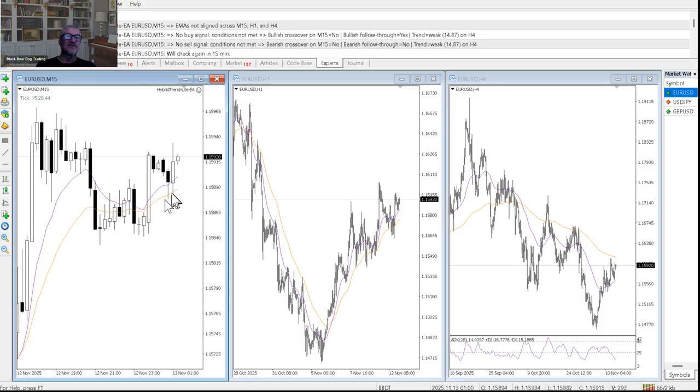Bullish follow through means that while we're having, and I'm going to draw some arrows here, an uptrend on the M15 chart and price is clearly bullish, it is a follow through because at this moment the price of the candle is also bullish and it's above the previously closed candle. So we have a follow through. What does that mean? It means that price is steadily going upwards.